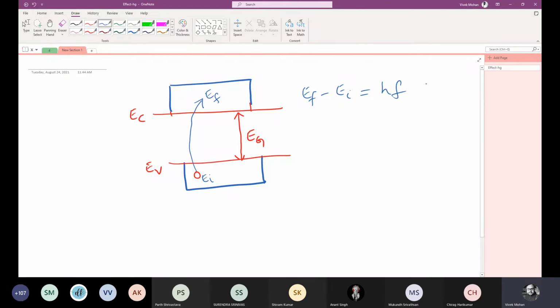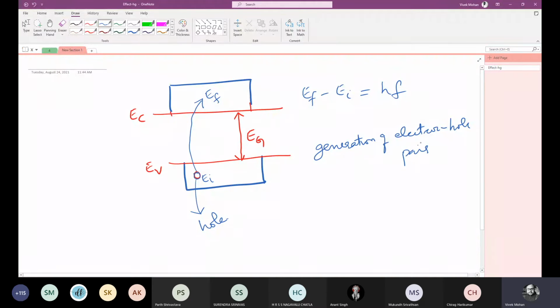Now, when this electron has jumped to another state, there is a void. What will we call this void? A hole. So basically what we have now is an electron hole pair.